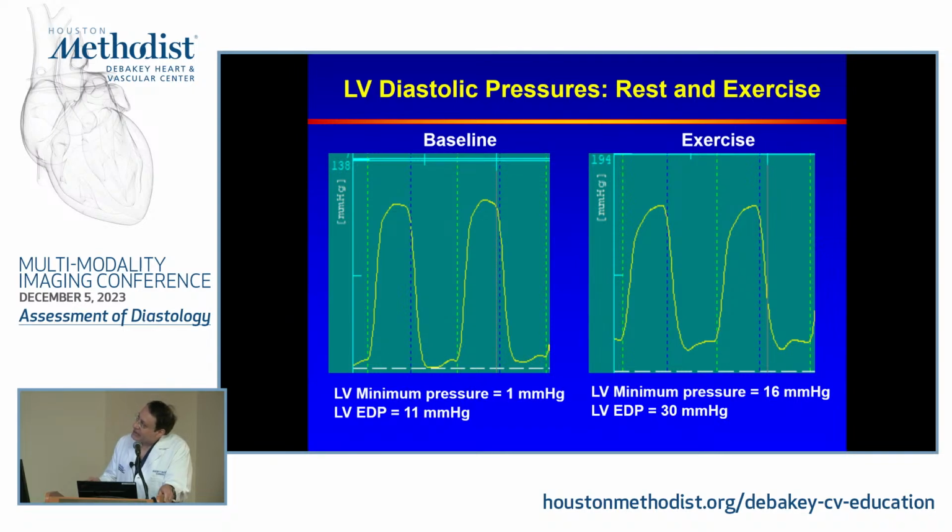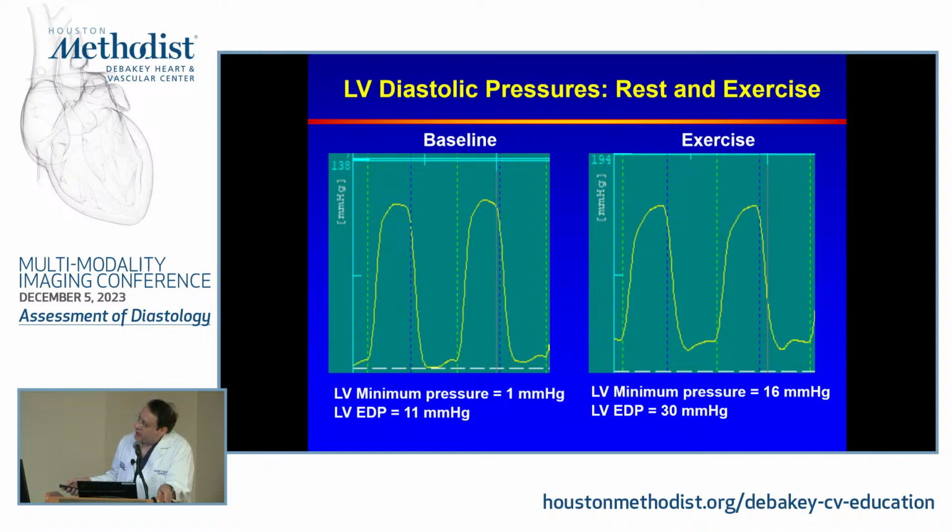In comparison, in a diseased heart, this is what happens. So we're looking here at the ventricular pressure in green, and the end diastole is marked by that dotted green line and systole by the dotted blue line. And at baseline, you have a minimum pressure that is around 1, very close to 0, a normal EDP about 11.